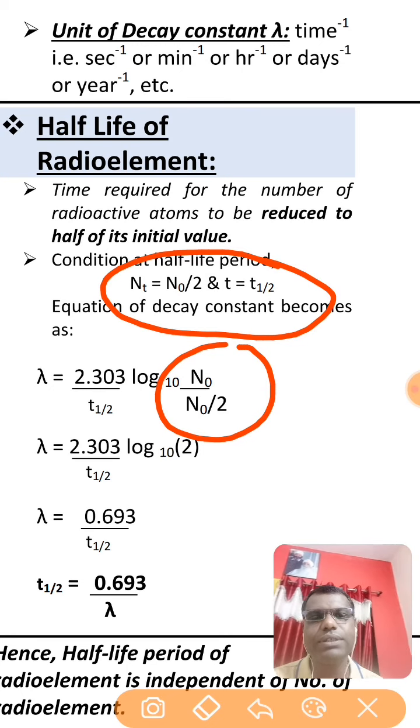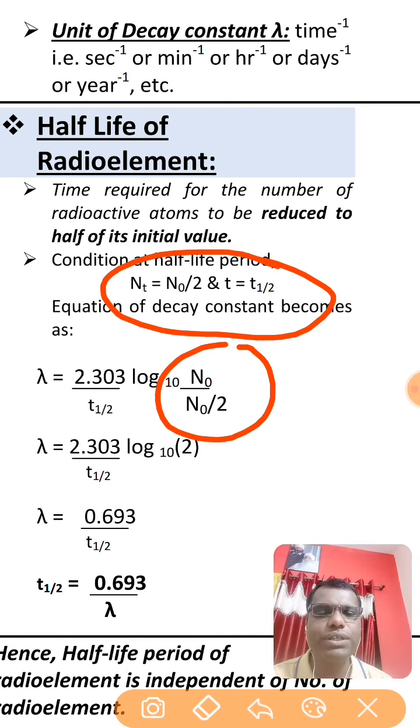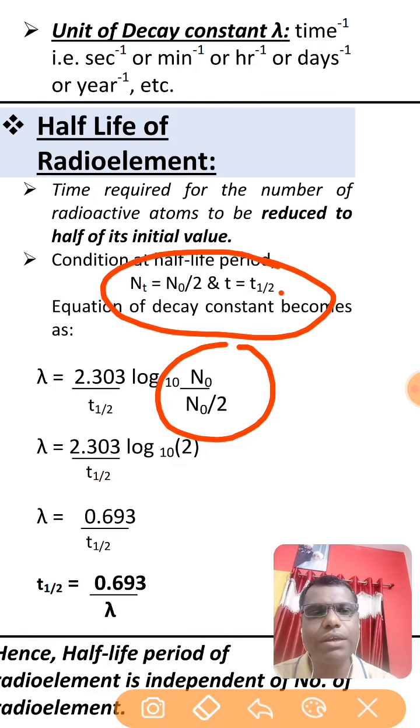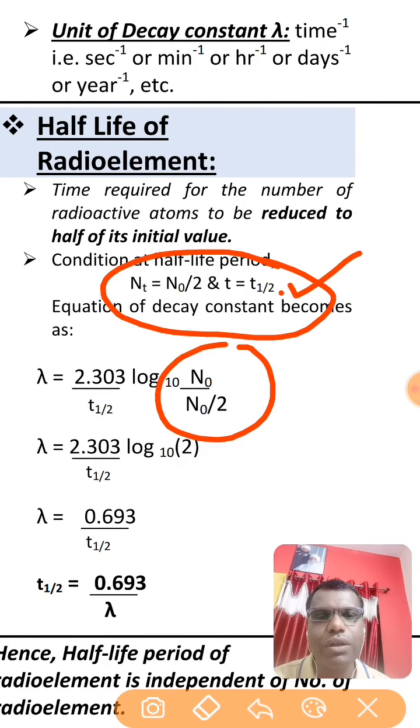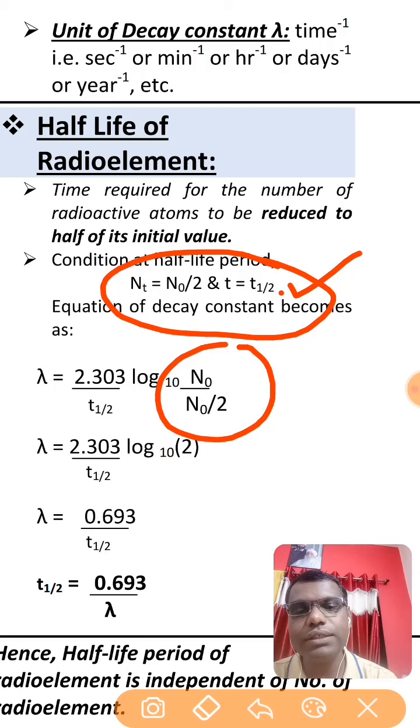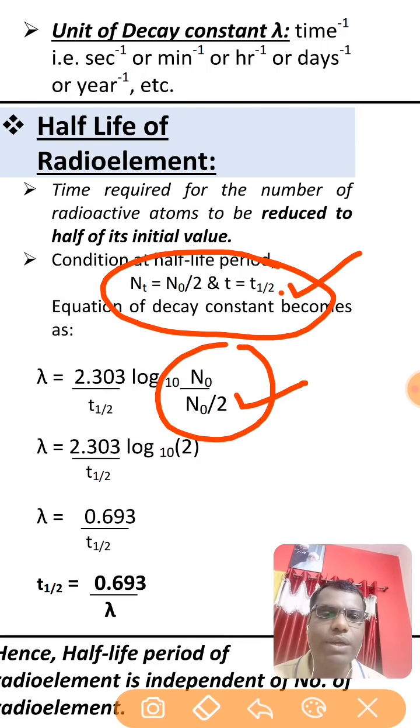So this is very simple again. Lambda, which is decay constant, equals 2.303 upon t, but t should be replaced by t 1 by 2, times log to the base 10 of n0 divided by nt. Again this nt is replaced by n0 by 2, which is the condition at the half-life period of radio element. So n0 will get cancelled.